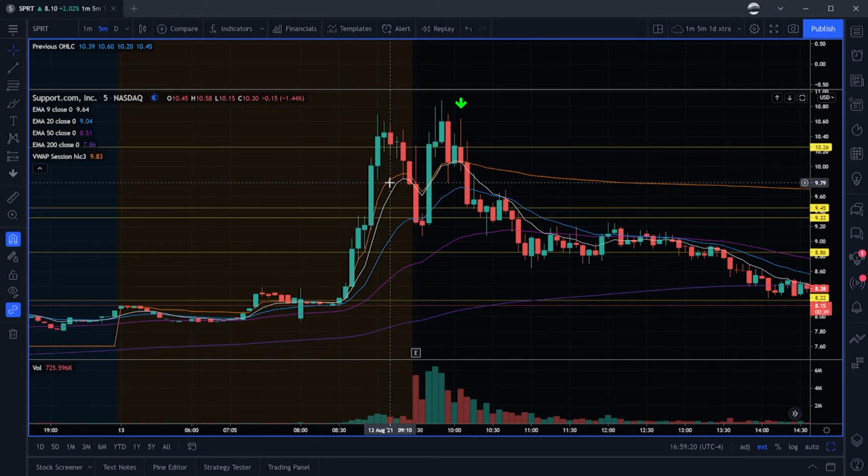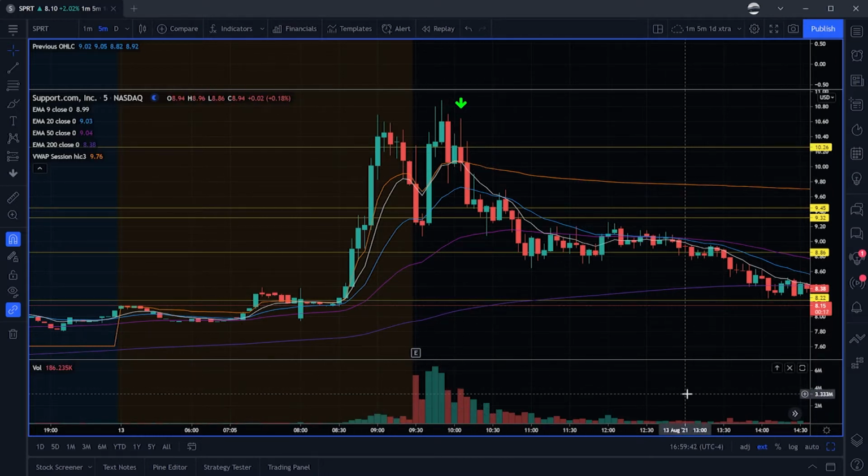Whereas for the VWAP, the weight is provided by the volume. So the higher the volume of the candle, the more important the value of that candle will be in defining the average in the end.